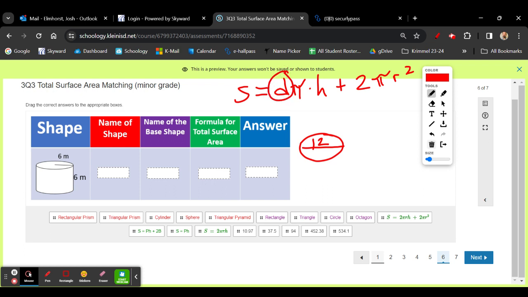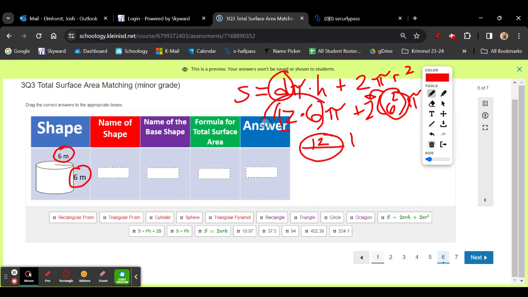So the diameter is 12, the height is 6, and that is going to be multiplied by pi. And now we look at 2 times r squared. R is 6. We got 6 squared times pi. So it's going to give us 36 times 2.